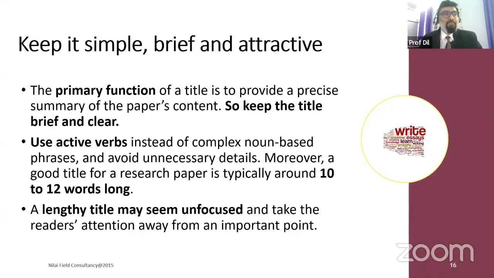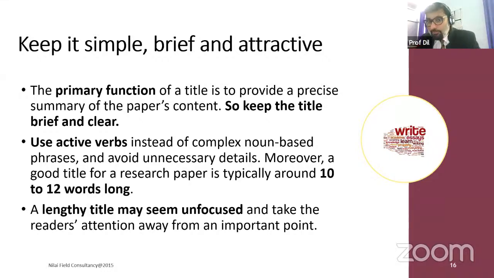So avoid abbreviations. The second factor is to avoid certain words that common readers cannot understand, like AIDS, NATO, GATT, WTO. A lot of words, if they know them, okay, but if they don't know them, it creates a lot of confusion. So abbreviations and jargon, we don't entertain in the paper title specifically.